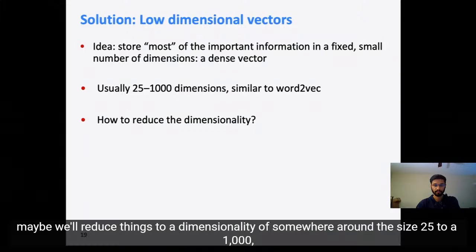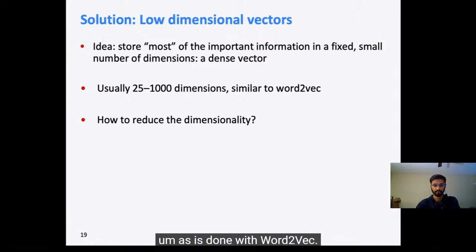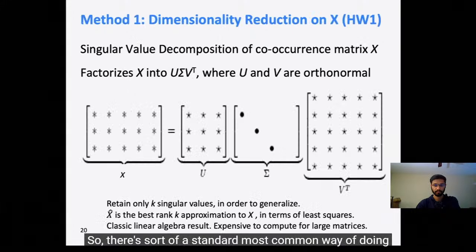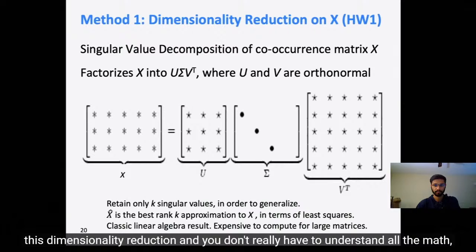Maybe it'll reduce things to a dimensionality of somewhere around 25 to 1,000, as is done with word2vec.